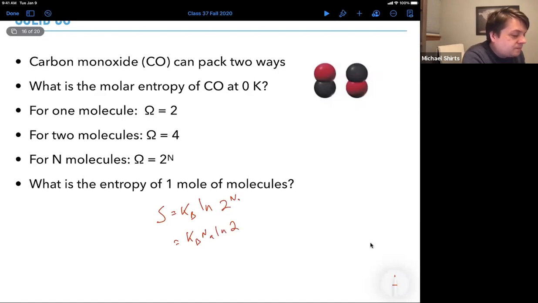Because log of 2 to the Na is just Na times log of 2. And of course, Kb is just the gas constant over Avogadro's number. So this is equal to R log 2, just by the definition of Boltzmann's constant.